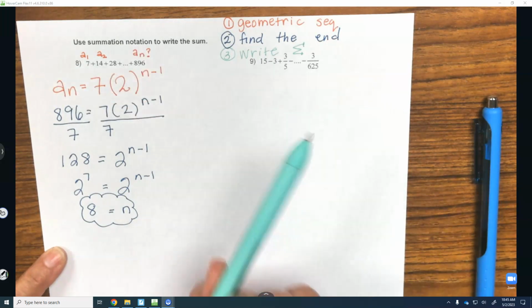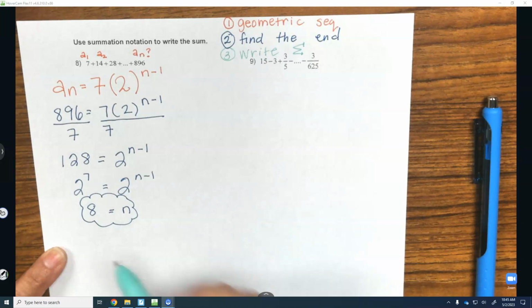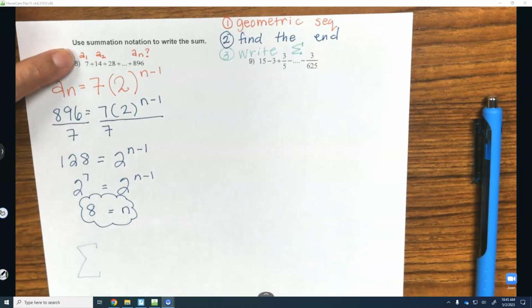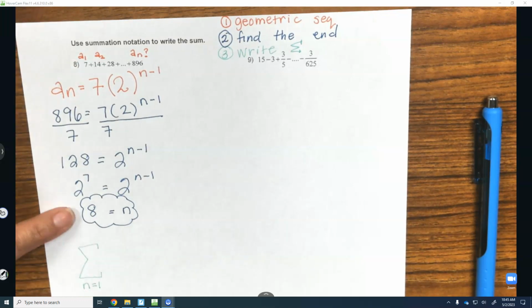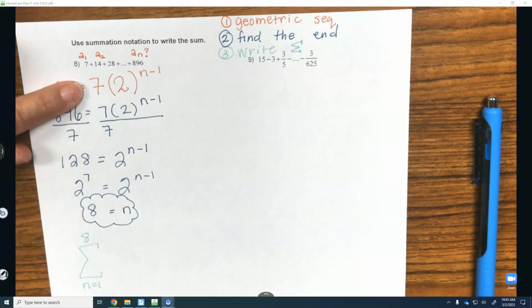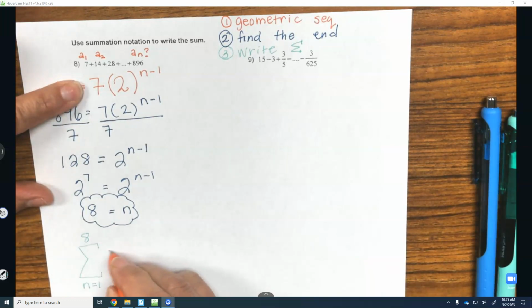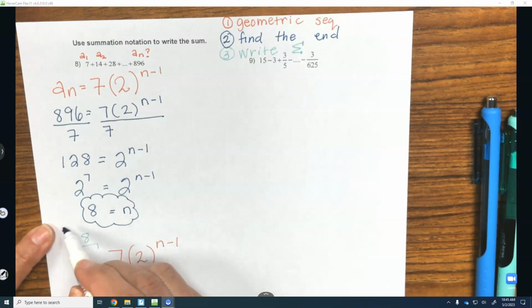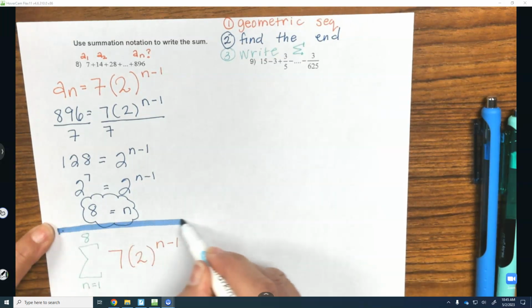All of that's getting replaced with this notation. So the answer is going to look like this. We started where n equals 1. We just found out that the last place was 8. And all you need to do is recopy this right side of your geometric sequence. And that's it. That is written in summation notation.